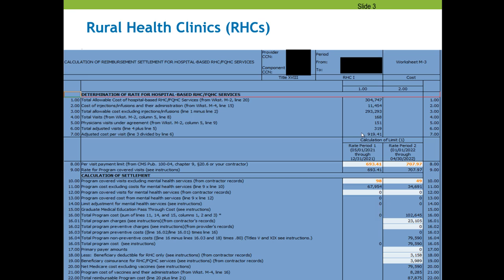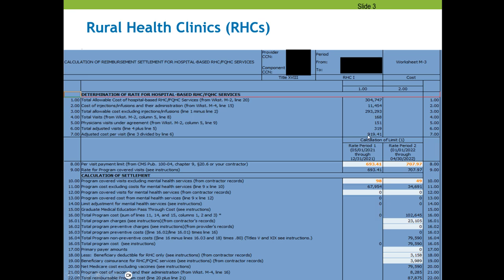Of course, as we said, depending on the facility, you're likely subject to a per visit limit. And in this case, the facility is. Notice it's a calendar year limit, so it changes at 1/1, increasing for inflation. Since both of these were lower than the cost per visit, this ends up being what is used. Now let's say this limit was 1,000 for both years.